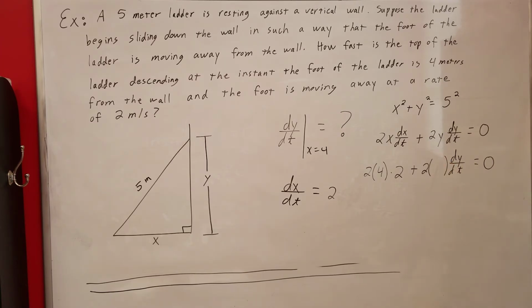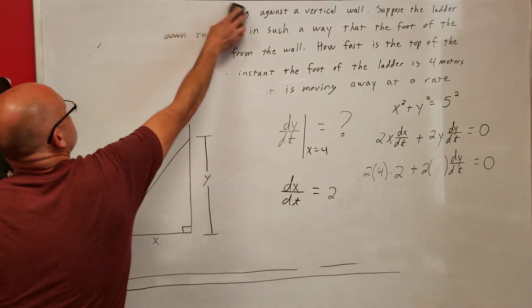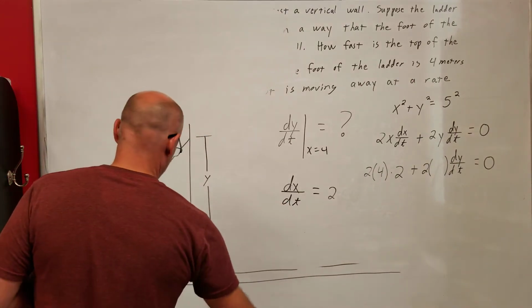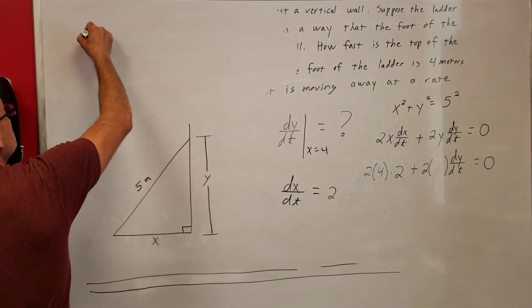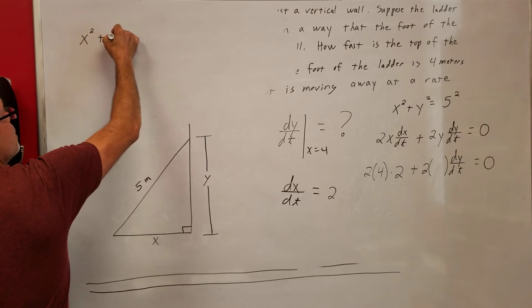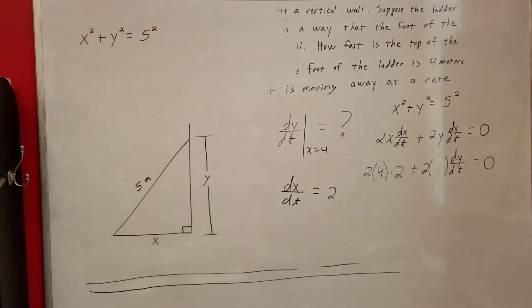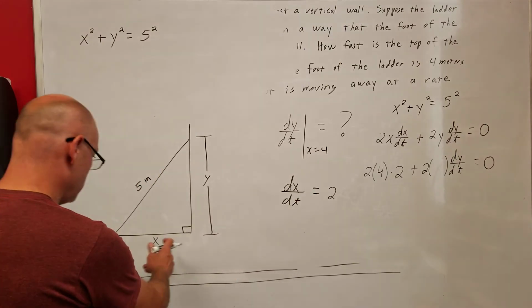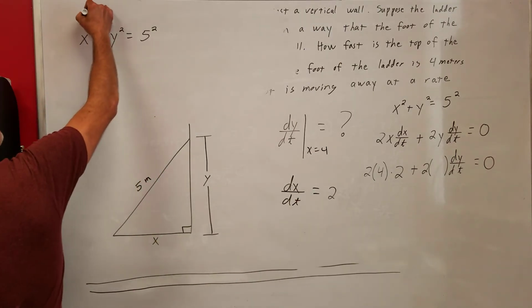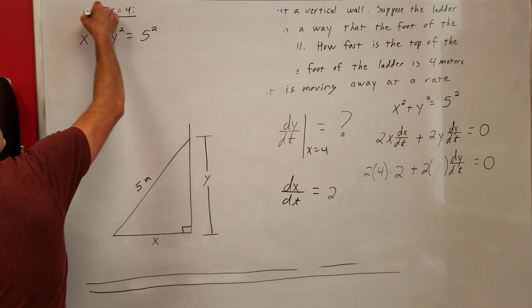How can I find out what y is? We can use the Pythagorean theorem, right? x squared plus y squared is equal to 5 squared. But I'm looking at the instant that x is 4, so I'm going to put x equal to 4 here.